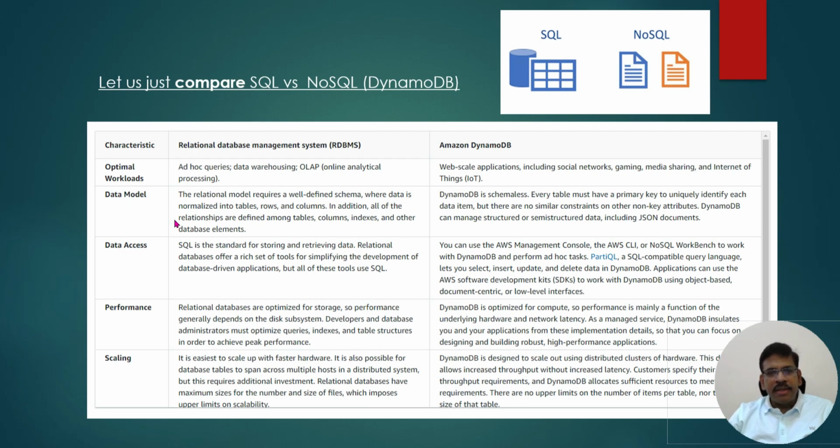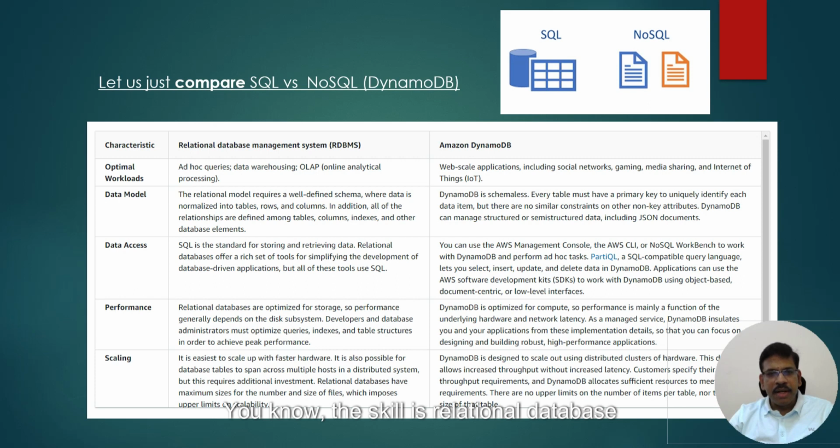Data model. In case of data modeling, you need to have a well-defined schema in relational database systems. Whereas in DynamoDB, you don't have to mention any schema. It's just schemaless. You just need to identify and set up the primary key. That's it. You can pass any attributes in DynamoDB. Data access. In case of data access, you have to use SQL for traditional RDBMS.